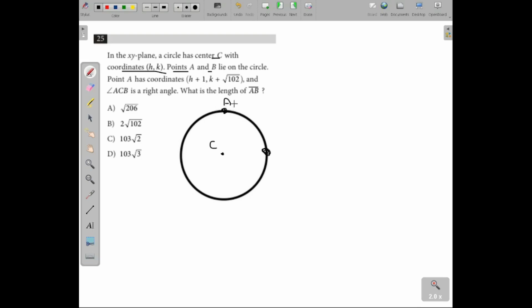This one could be A and this one could be B. Point A has coordinates h plus 1, k plus square root of 102. And this triangle ACB that forms here is a right angle. So that means that C has 90 degrees. What is the length of segment AB?